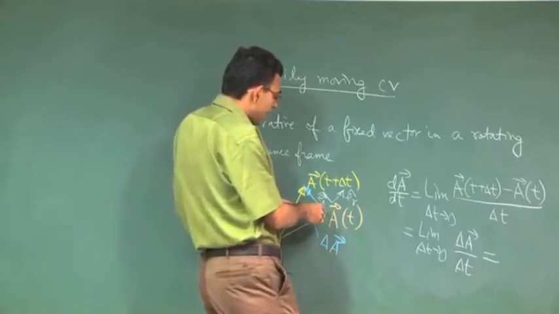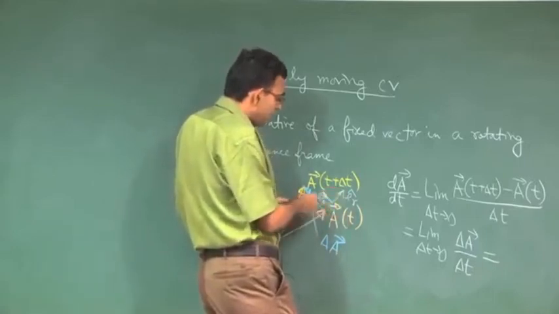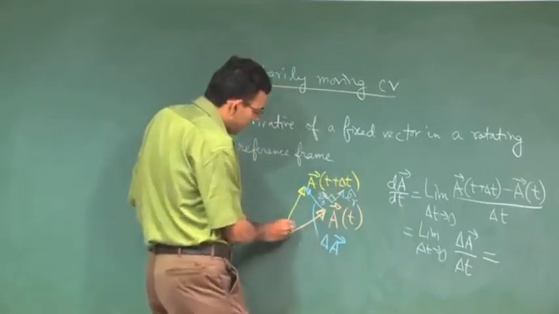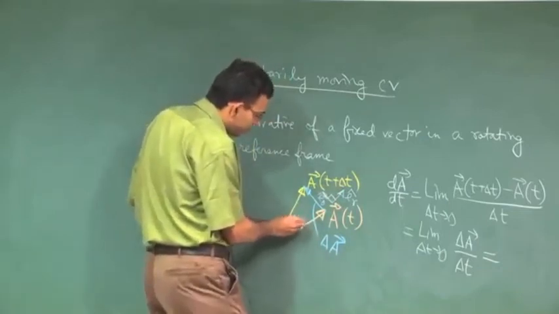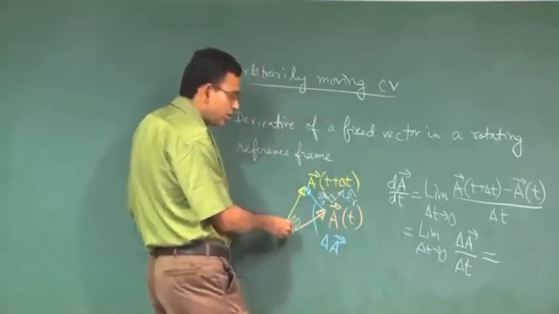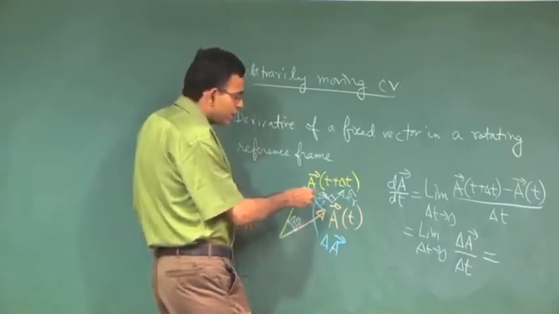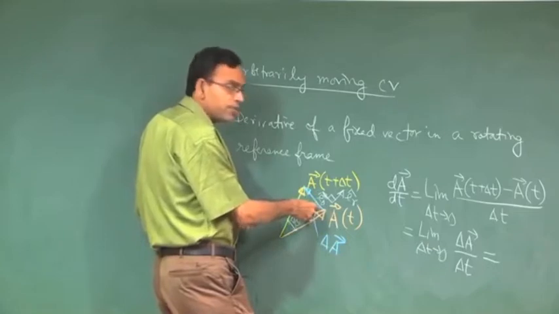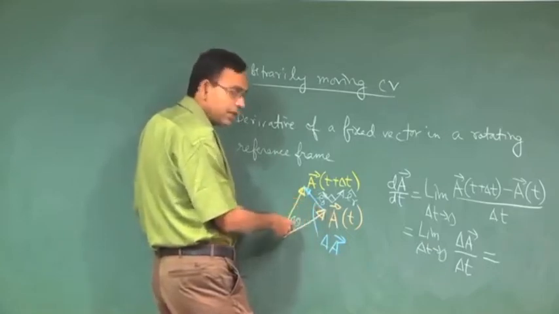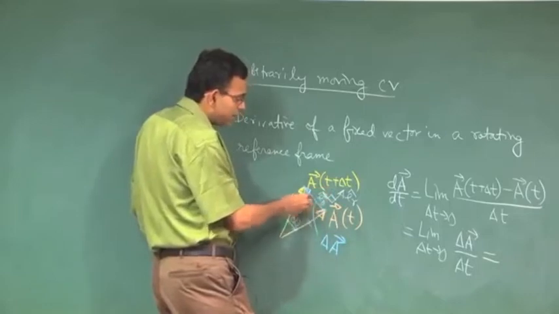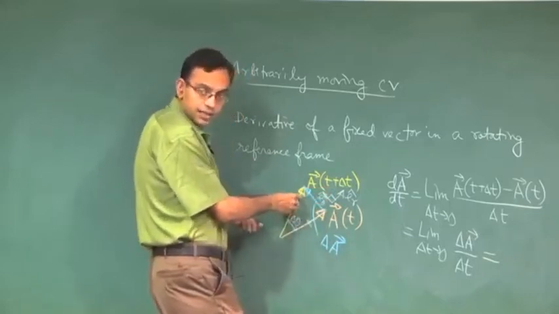Because A is along ER, delta A is along E theta. Why? See, this angle delta theta is very small, so this is as good as 0. The sum total of the 3 angles of a triangle is 180 degrees, so the sum total of these two will be very close to 180 degrees, this being close to 0. These two sides being equal, these are each roughly 90 degrees.